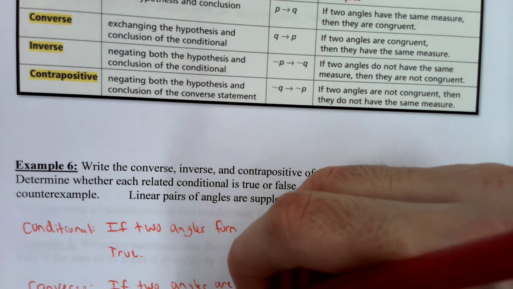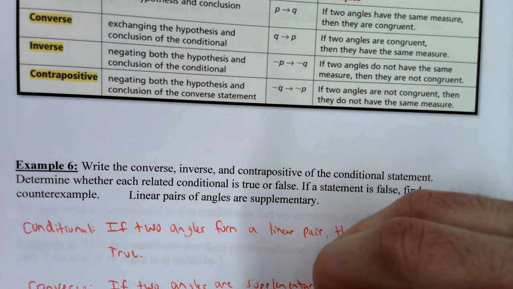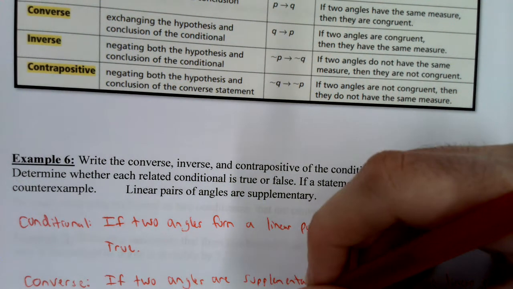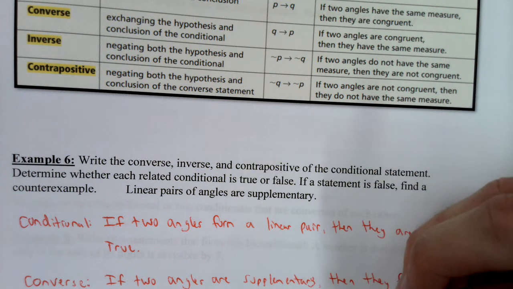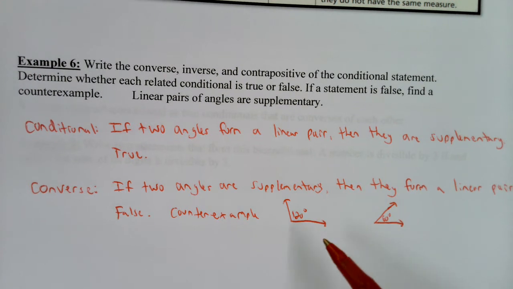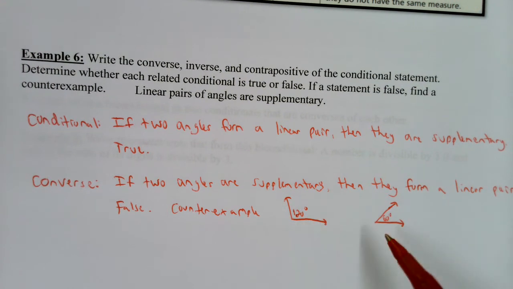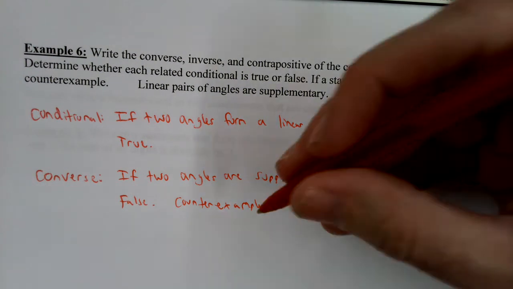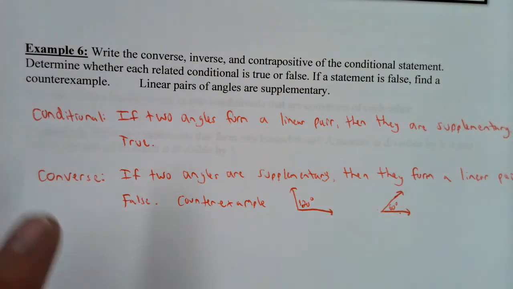So my counterexample, I'll do this. Let's say this angle is 120 degrees. Let's say this angle is 60 degrees. Well, those two, right there, that's my counterexample, okay? Because these two angles are supplementary because they add to 180, but they do not form a linear pair because they're not right next to each other. They would form a line. So this is my counterexample. You can have a picture as a counterexample. So the conditional is true, converse is false.